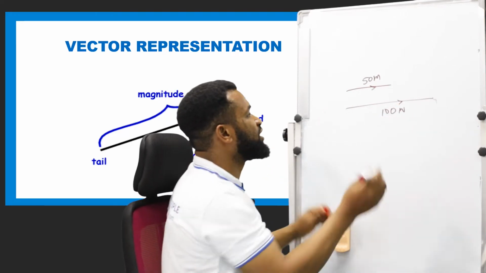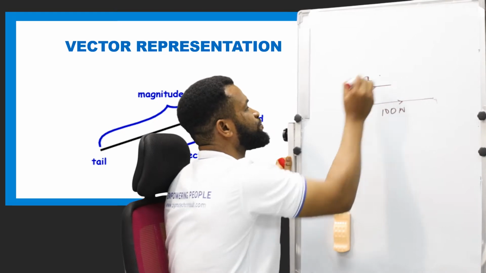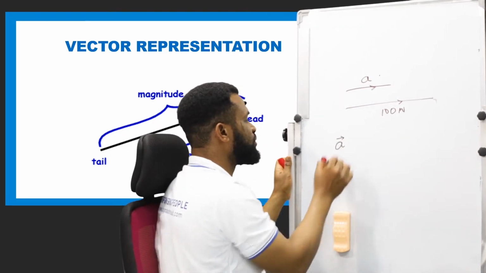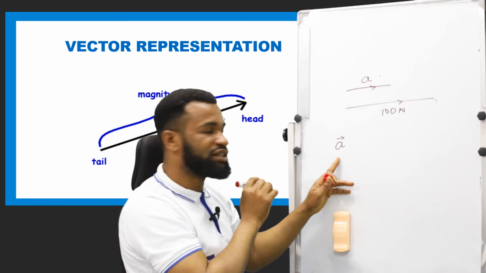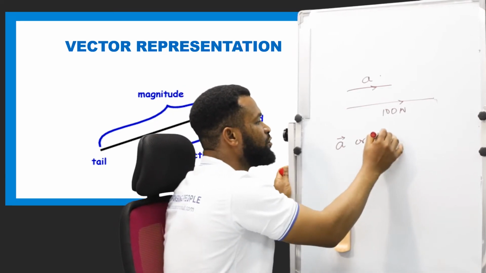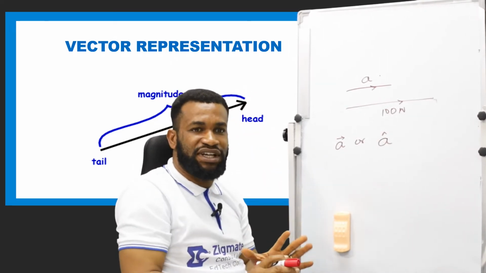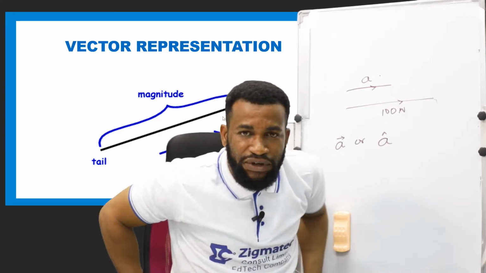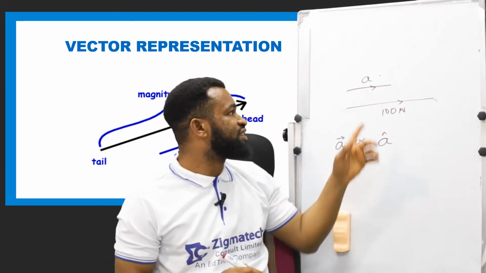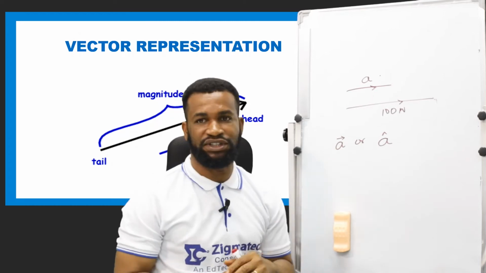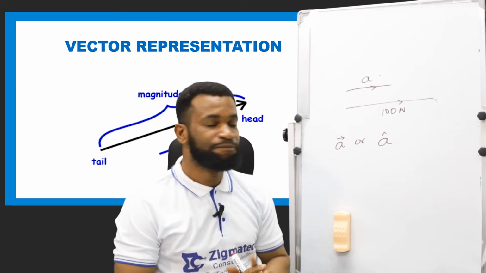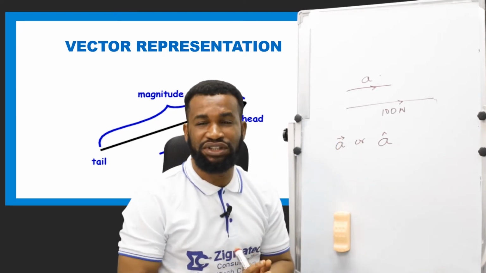Or if you don't want to put that, you may remove this and say A. That means vector A with the arrow. You must put that. Sometimes they write it A with a cap to represent a vector. So a vector quantity is represented with this arrow or this kind of representation. Anywhere you see a symbol with an arrow, you know it is a vector.